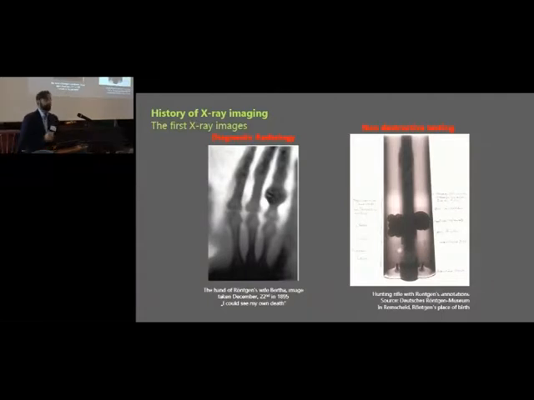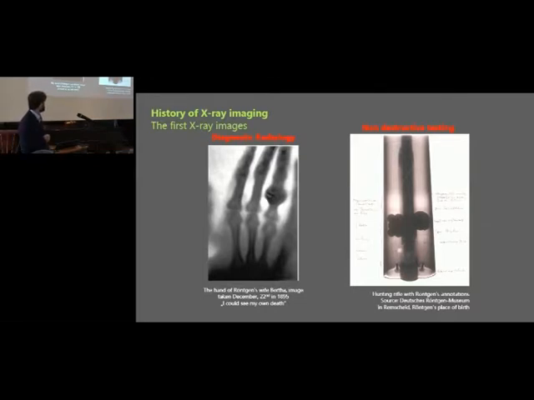X-ray technology is used for several purposes. Since it was invented by Röntgen, these are two very early X-ray images, and you can see two main purposes. The one is medical diagnostic, and the other one is non-destructive testing, and this is what we are doing.